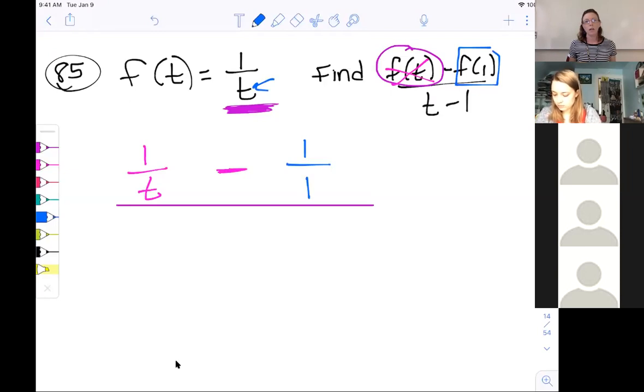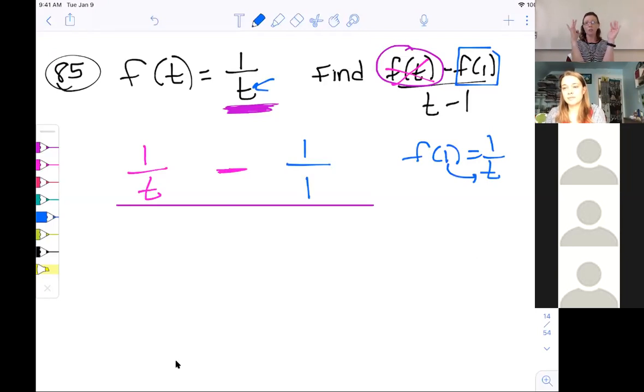I took out f of t and replaced it with its equation, whatever it's equal to. And then I have that subtraction sign because it says subtract f of 1. If I was evaluating f of 1, I would take that 1 value and replace t with the 1. That's what it says when you have a number in the parentheses.